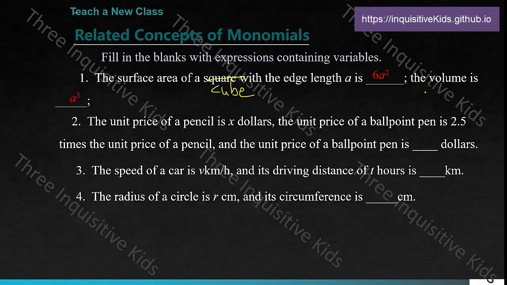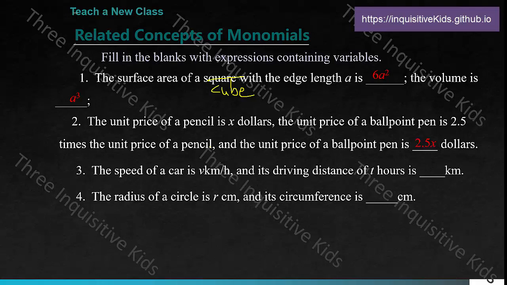2. The unit price of a pencil is X dollars, and the unit price of a ballpoint pen is 2.5 times the unit price of a pencil. The unit price of a ballpoint pen is blank dollars. If we know that the price of a pencil is X dollars, the ballpoint pen is 2.5 times the unit price of that pencil, that would just be 2.5x. 2.5 times X dollars. 3.